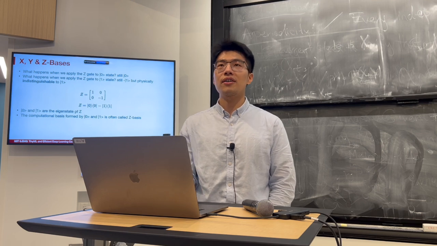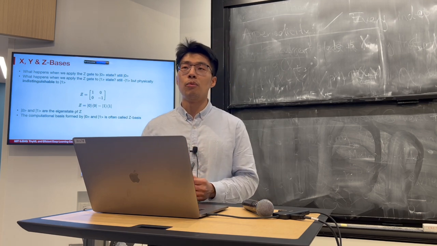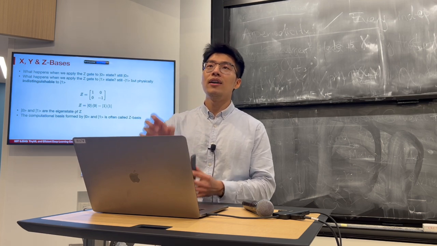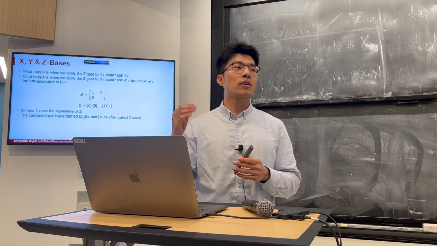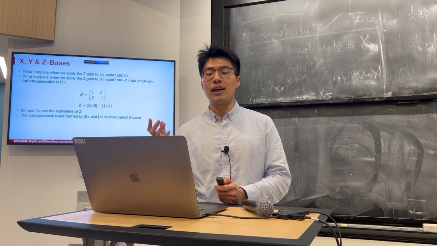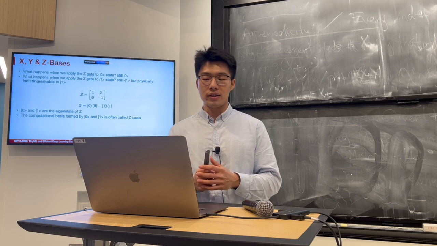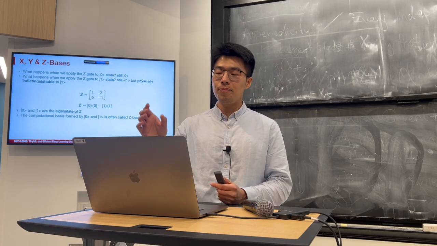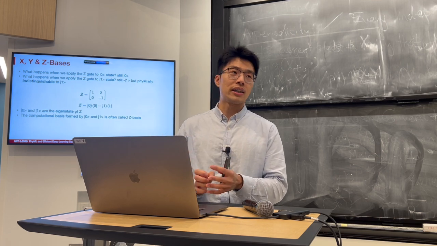But physically, the minus 1 state is not distinguishable from the 1 state, because they only differ by a global minus sign. This is called a global phase, which cannot be measured in a normal physical process. So we consider that the Z gate applied to the 1 state gives the same as the original state.